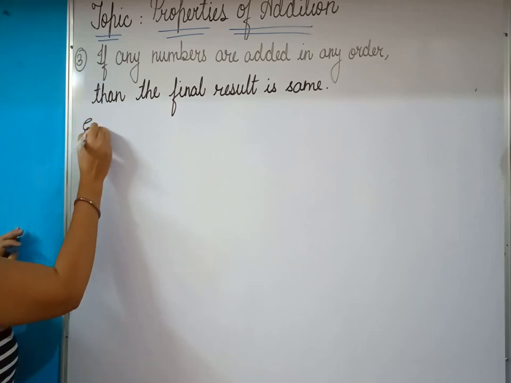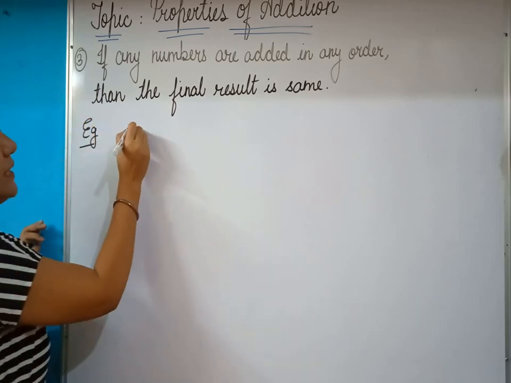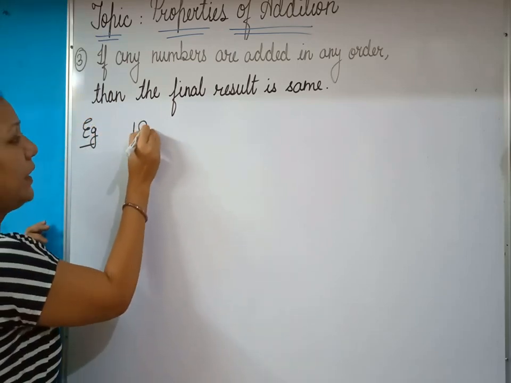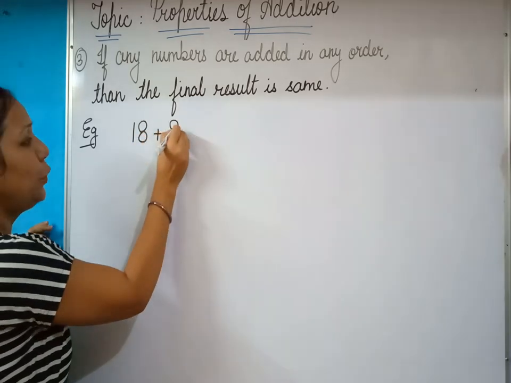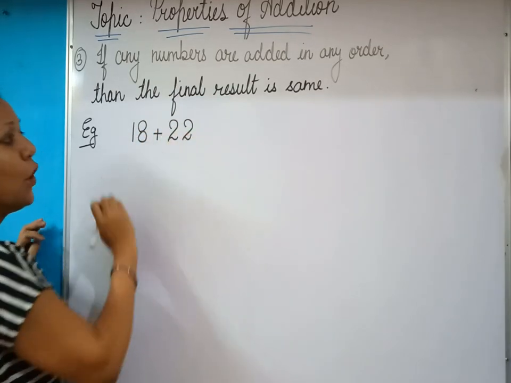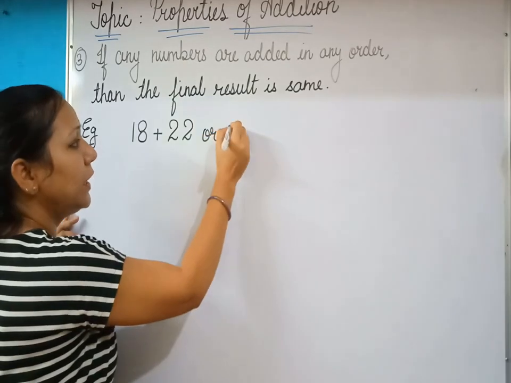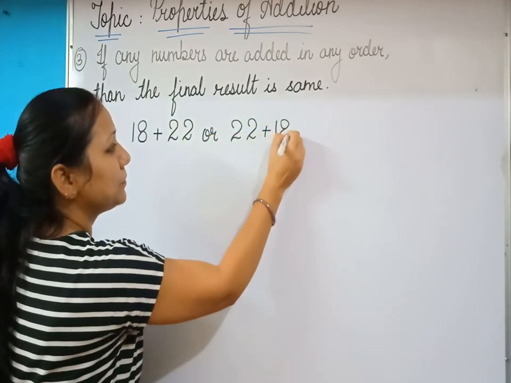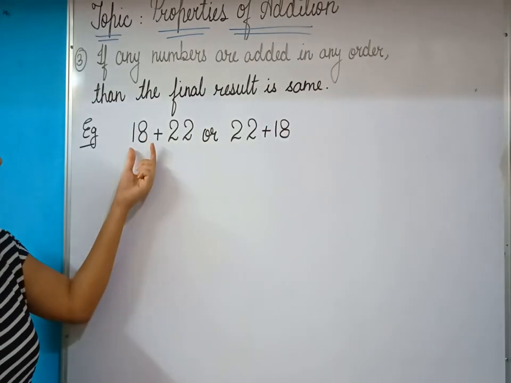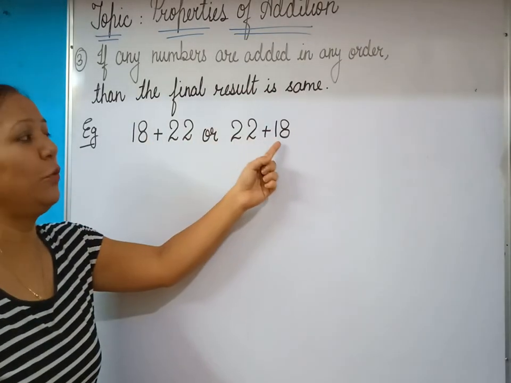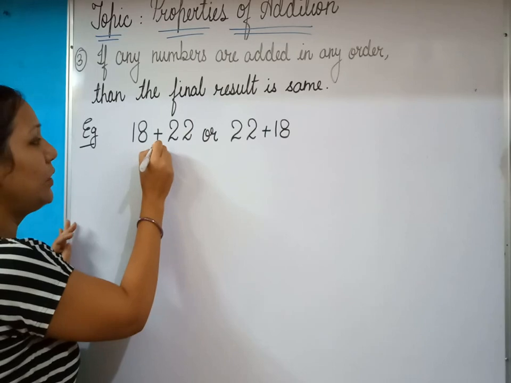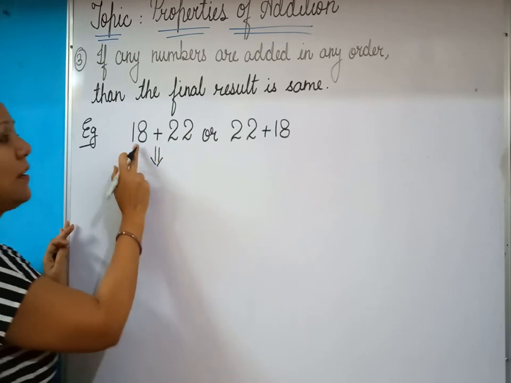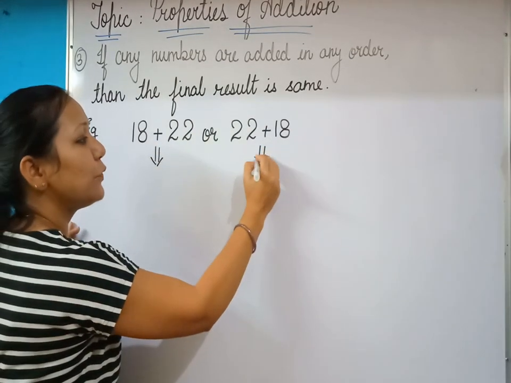is always same. For example, if I say that I am adding 18 plus 22, or if I add 22 plus 18, in both the cases, the final result for these two values.